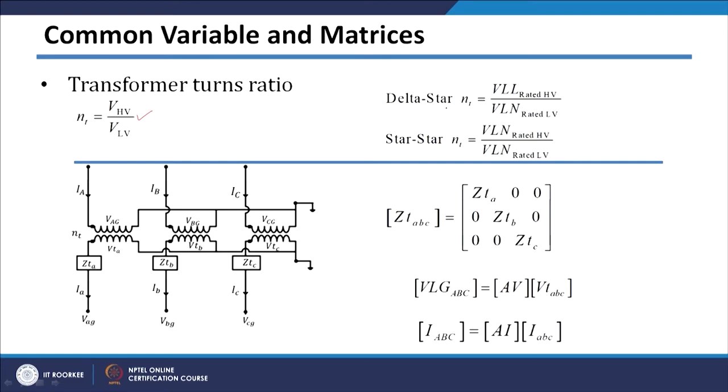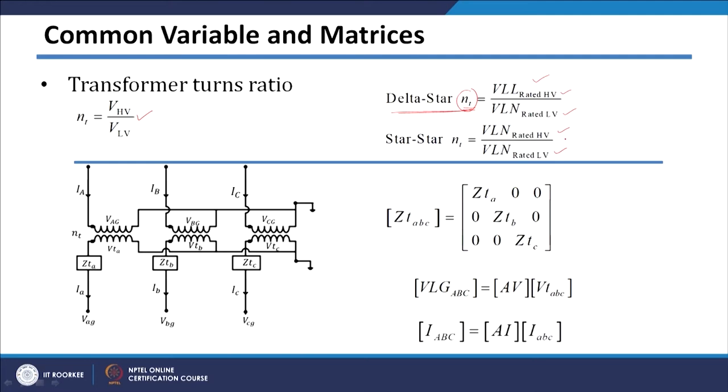So, to represent the turns ratio of a delta to star transformer, NT will be the rated line to line voltage on the HV side divided by the line to neutral voltage on the LV side, which is basically the turns ratio in a delta star transformer. And in case of a star star transformer, it will be just the line to neutral voltage on the HV side divided by the line to neutral voltage on the LV side.